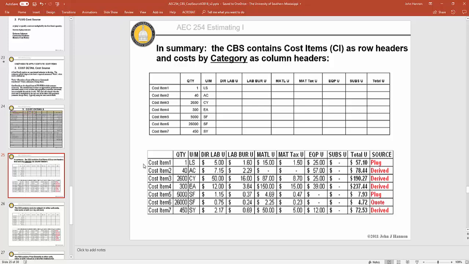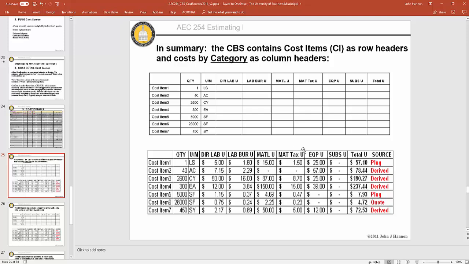And then your cost breakdown structure can have any combination of cost sources. So some may be plugs, some may be cost details. That's what derived means. You take some quotes and award the quotes. So you'll have a combination of cost sources here.